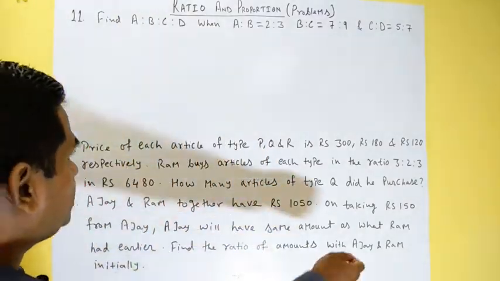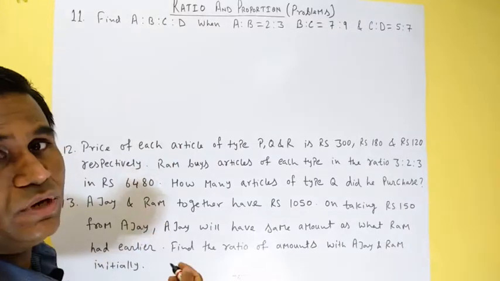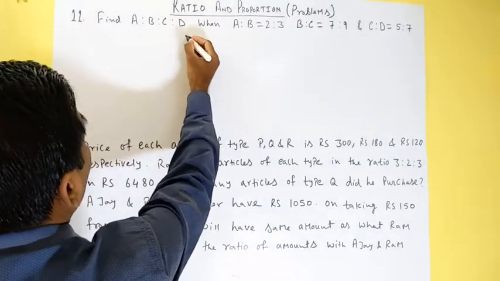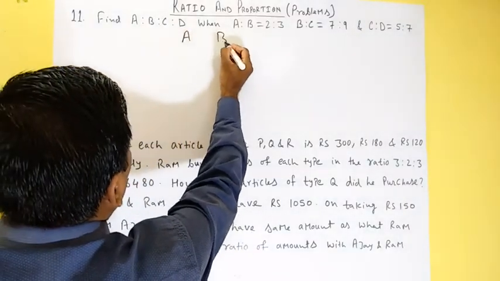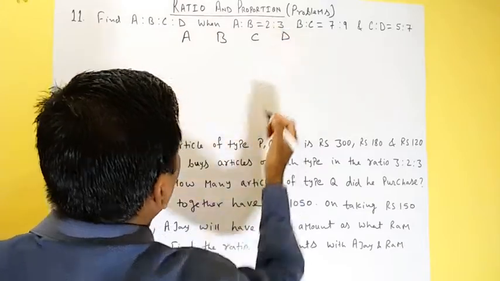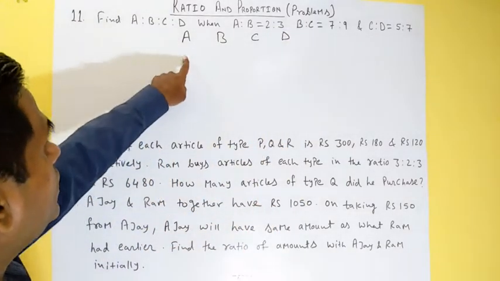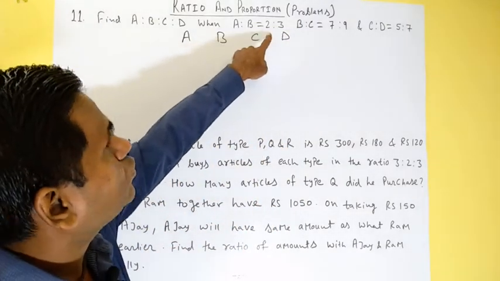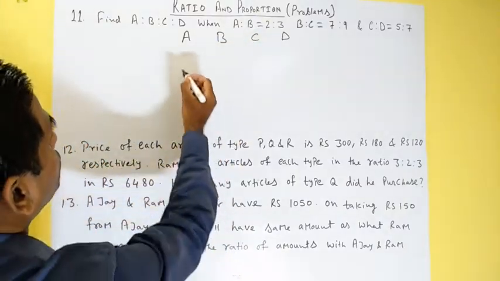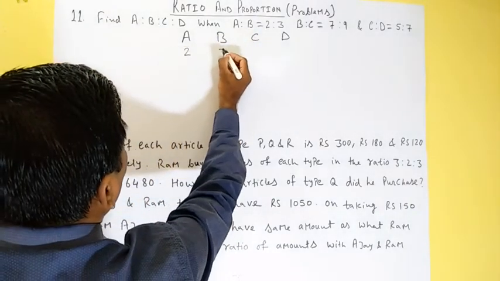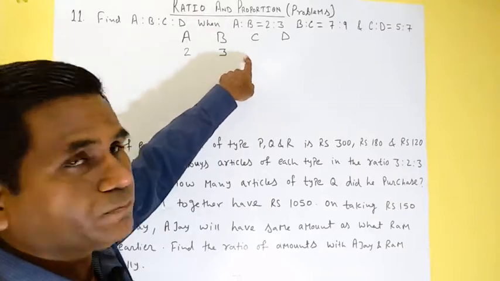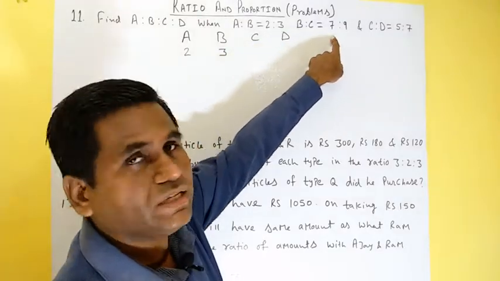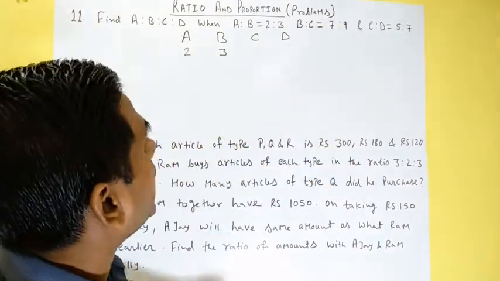Please watch carefully. What we have to do here is first write A, B, C and D. Now here you can see A is to B is given 2 is to 3, so I will write 2 here and 3 here. Now B is to C is given 7 is to 9.